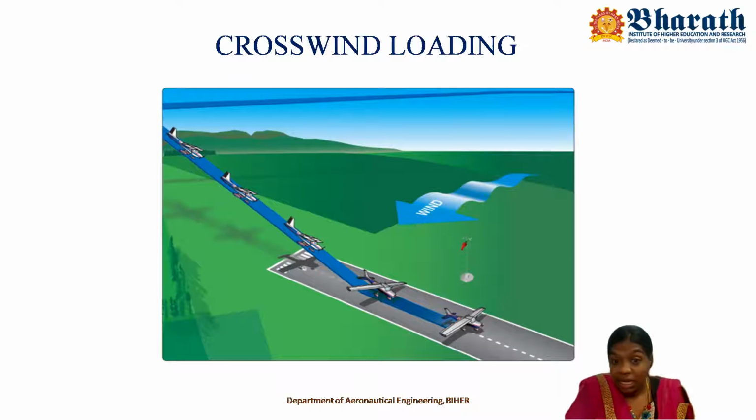But finally, look at the first aircraft on the right. It landed on the center line of the runway. So this is what is actually expected. This is done by two methods of crosswind landing: one is the crab landing, the other one is the side slip landing.